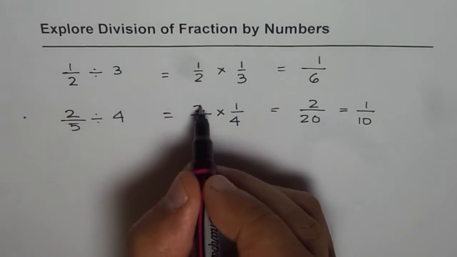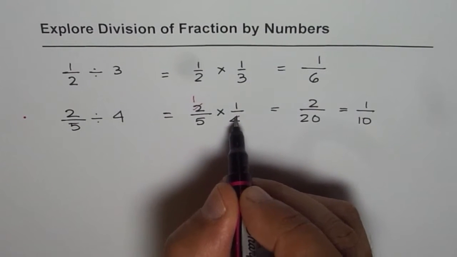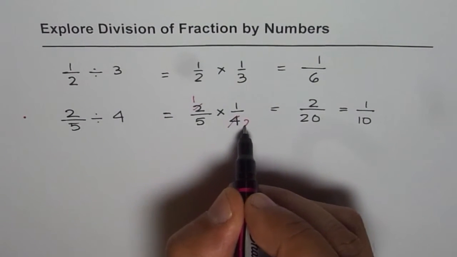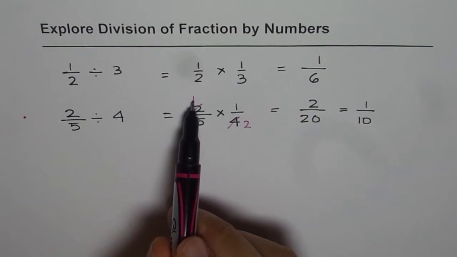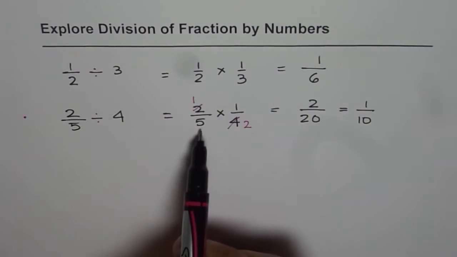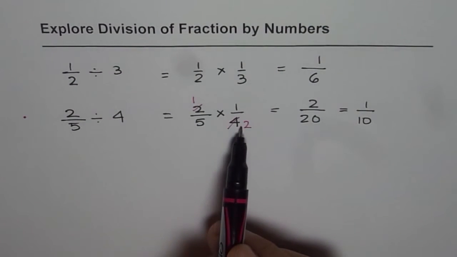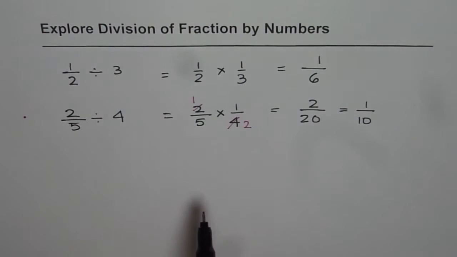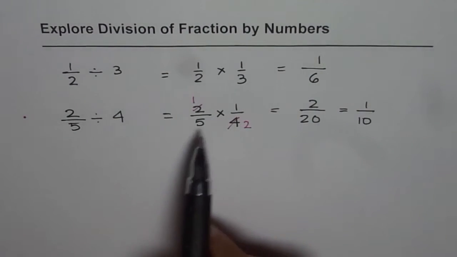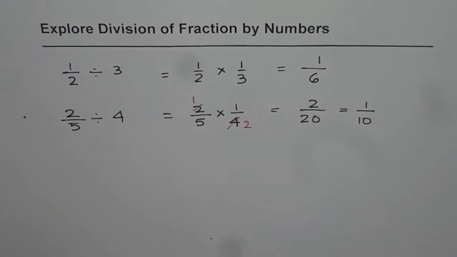If I divide 2 by 2, I get 1. If I divide 4 by 2, I get 2. Now multiplying 1 by 1 gives me 1. 5 times 2 is 10. We get the same result. But the advantage is we don't have to get into bigger numbers, correct? So that is a huge advantage. So from now onwards, before multiplying, we will try to simplify, okay?